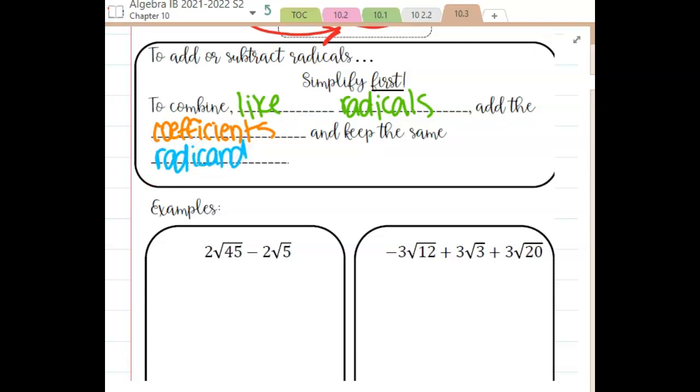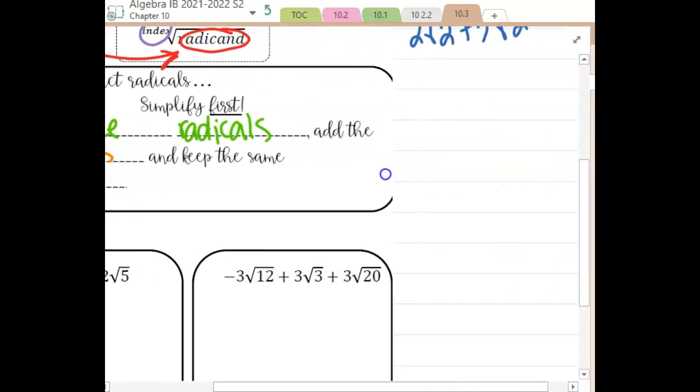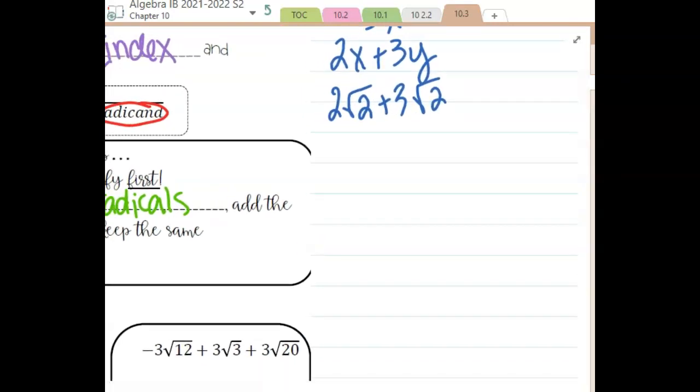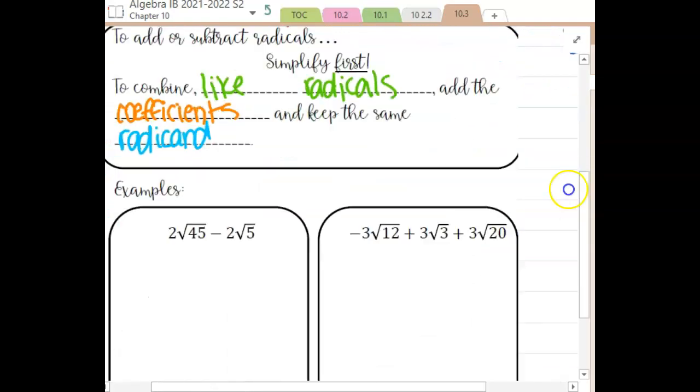So when you take 2x plus 3x and you get 5x, it still stays an x. Over here, when you take 2 square roots of 2 plus 3 square roots of 2, you would add 2 and 3, you would get 5 square roots of 2. Just like 2x plus 3x is 5x, this would be 5 square roots of 2.